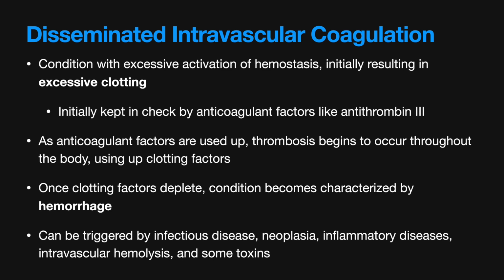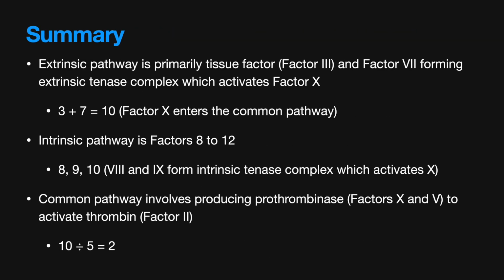Once those coagulation factors deplete, the body is now unable to form clots, resulting in a widespread hemorrhage. This particular condition can be triggered by several different diseases, including infectious disease, neoplasia, inflammatory diseases, causes of intravascular hemolysis, and some toxins.